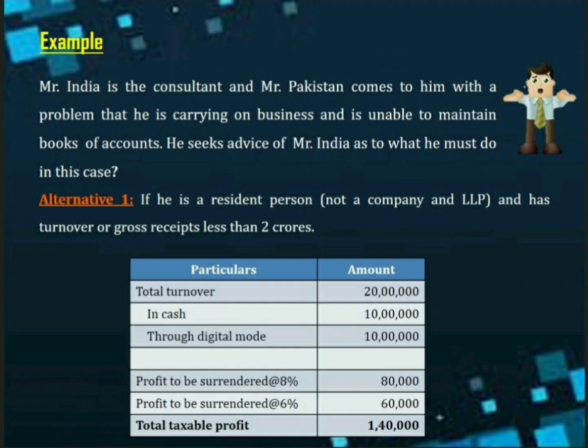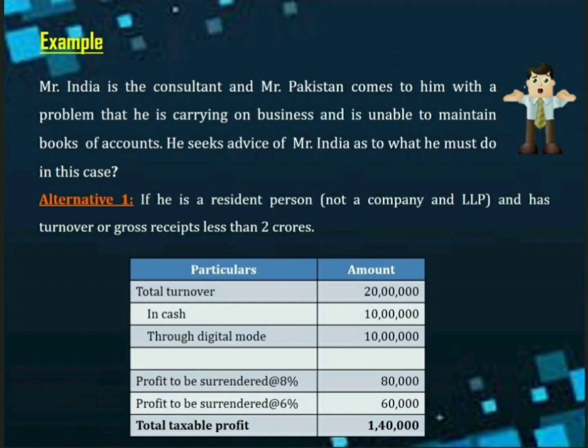And the split of the turnover is given. The turnover which is received in cash is 10 lakhs and which is received through digital mode is 10 lakhs. So how will we calculate the presumptive income? We already discussed that for payments received through digital or electronic mode, the income will be 6% of the amount received, and in any other case it will be 8%.